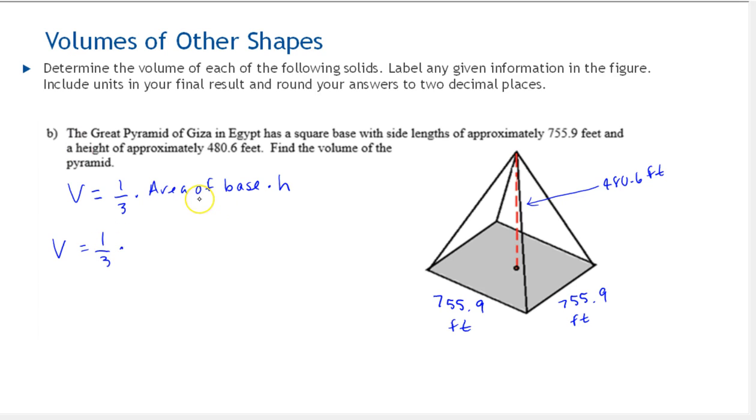Now we need the area of the base, and that's another reason I wrote these 2 sides of the square. It's not just going to be the one number, 755.9, because the area of the base is that value multiplied by itself. So 755.9, we could write squared, I'm just going to write 2 factors of it. And the height is 480.6.